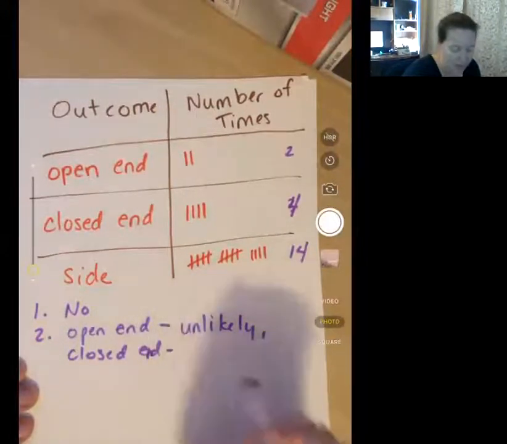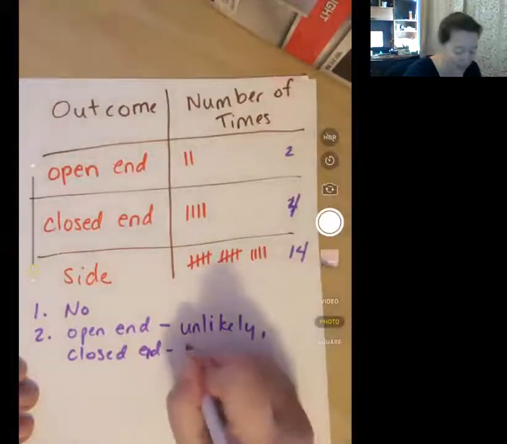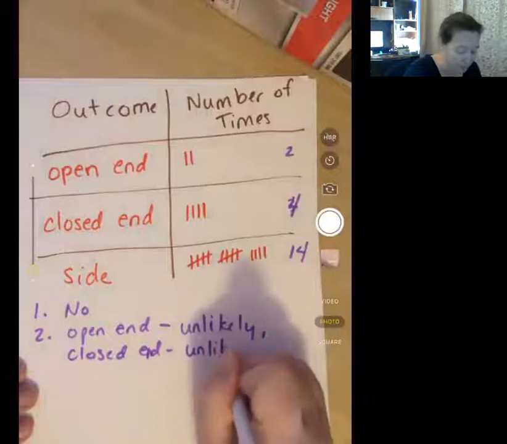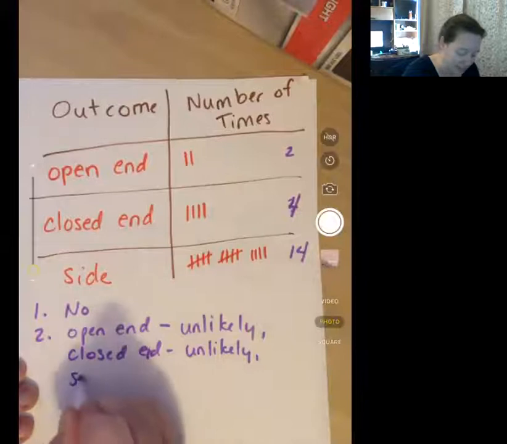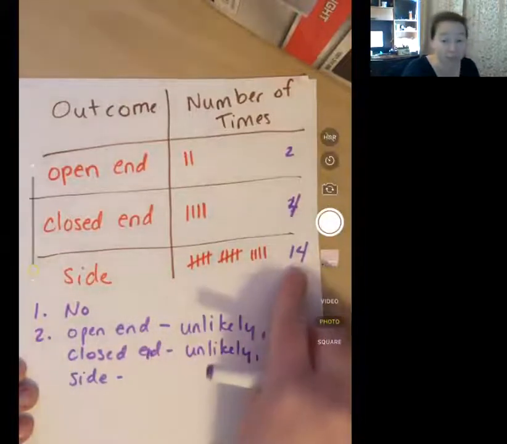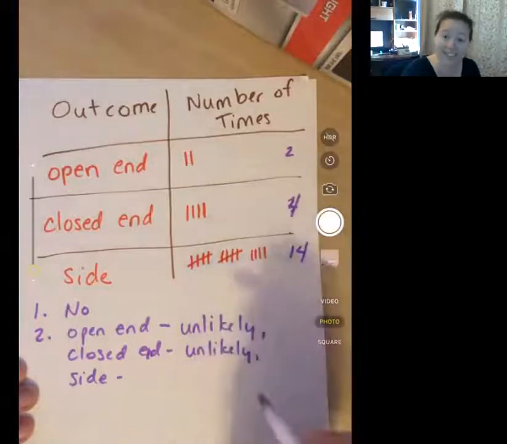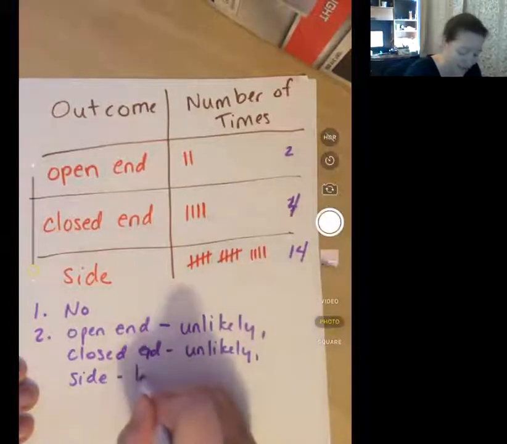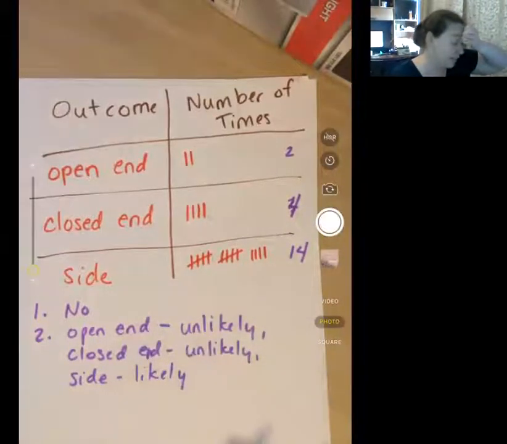That happened only 4 times, so I'm going to put down that no, that's not likely either. That's also unlikely. And finally, on the side, that happened 14 times, 14 out of 20. So I'm going to put down that that is likely. That's actually very likely.